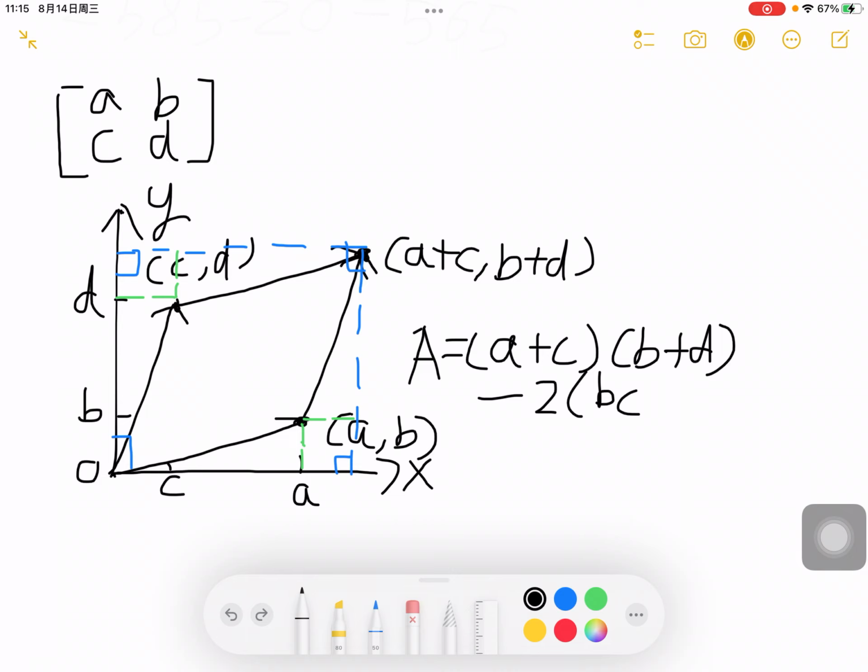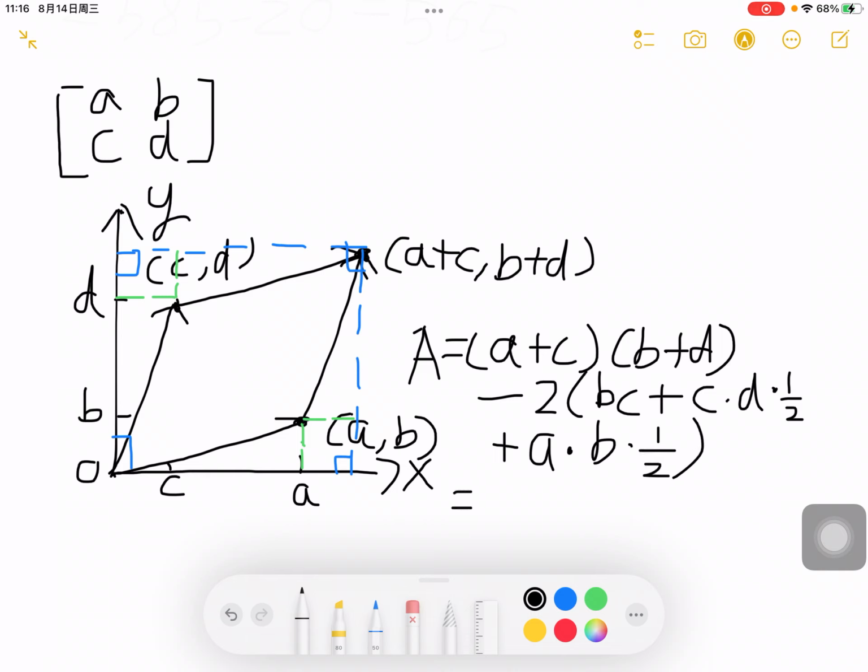So we minus 2 times BC plus the area of this triangle. What's the area of this triangle over here? The base is C, and the height is actually just D, times 1/2. And then you add the area of the other triangle, which has base A and height B, times 1/2.